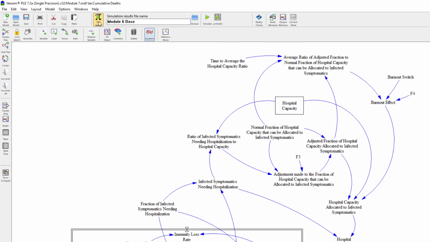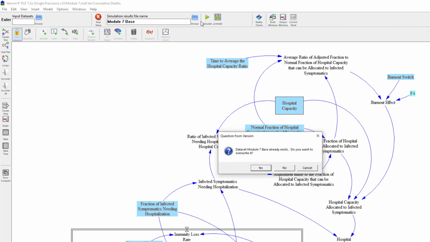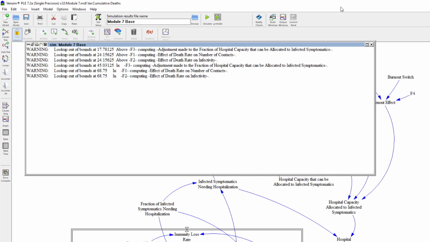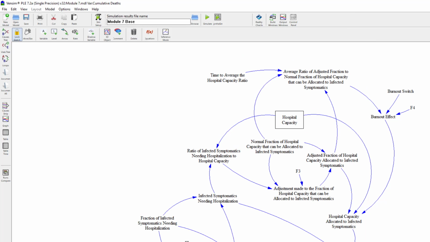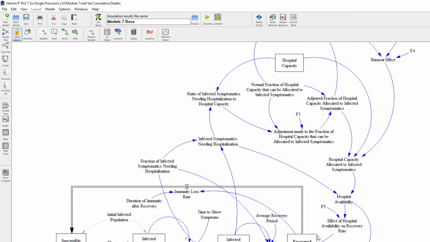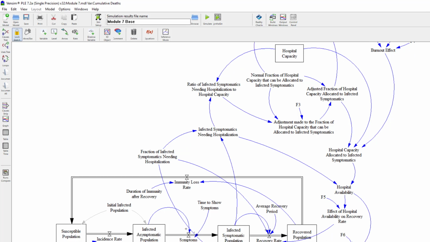Now we are ready to run our module 7 base. Simulate. Now take a look at what are some of the things that we want to check out. Let's see what happened to the infected symptomatic population.